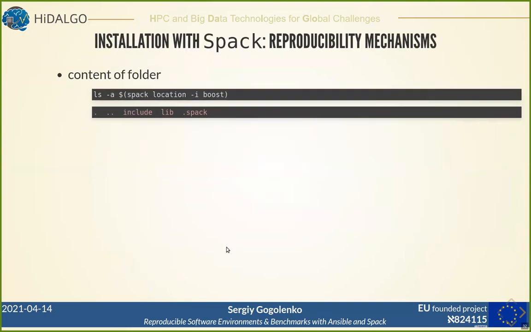So, the next part: reproducibility mechanisms in Spack. It's something which probably not everyone who uses Spack knows, but it's very useful information. If you go to the content of the folder where some package was installed, and you can get the path to that folder with the Spack location command, you will see that, not surprisingly, for Boost there are the include and lib folders, but also a .spack folder.